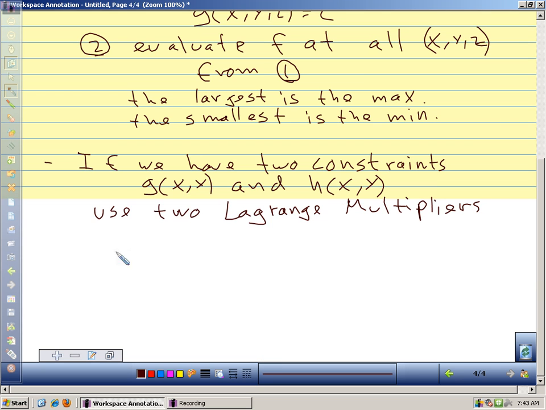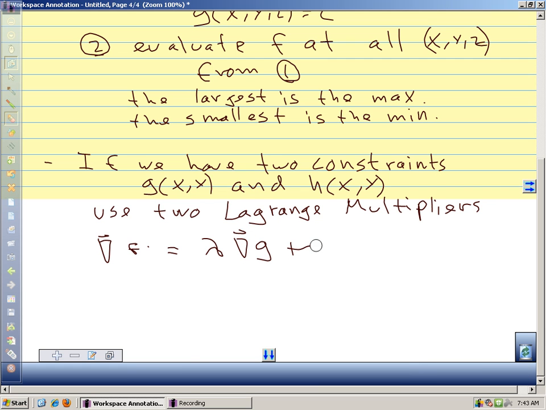And we write that del f equals lambda del g plus mu del h.